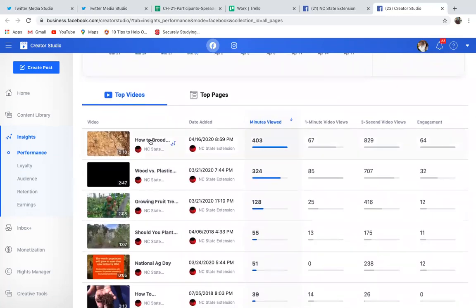So for us, it was a how to brood chickens, or chicks rather, because as a lot of you might have noticed, backyard poultry is rising in light of COVID-19. So one of our extension agents made this video and posted some tips and tricks. So we posted that to our page. And then again, you can look at this and see, okay, these are the types of content that people are interested in.